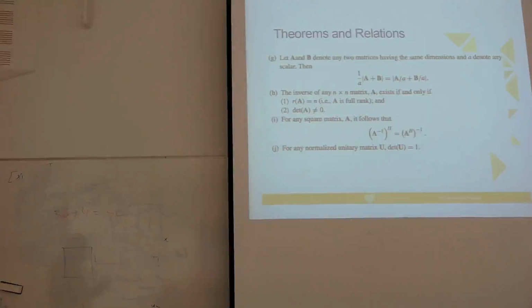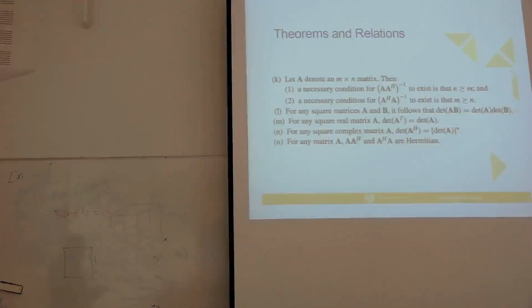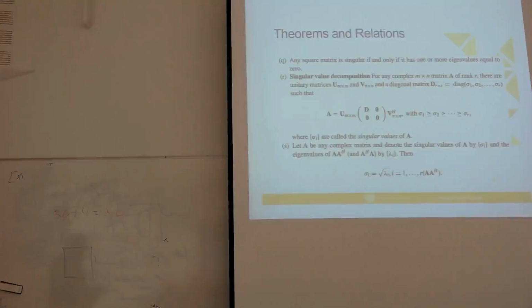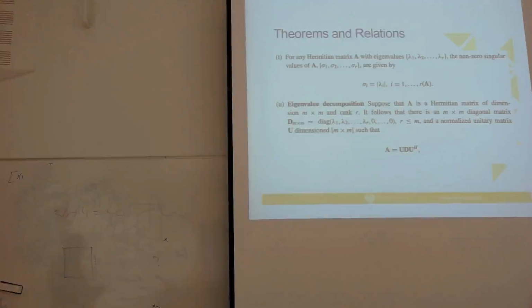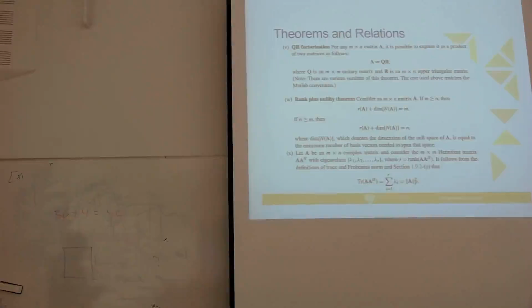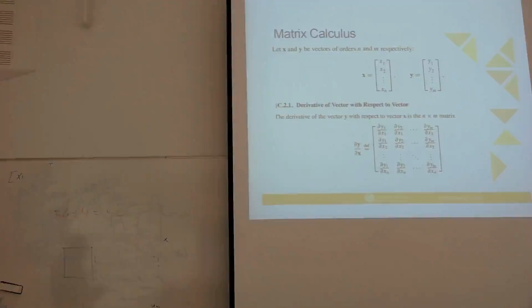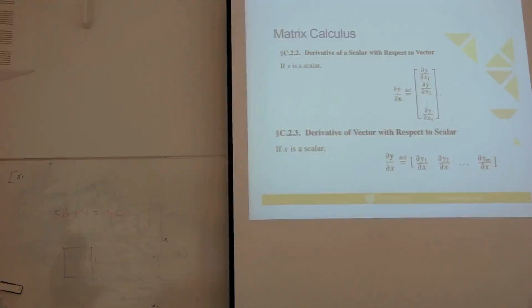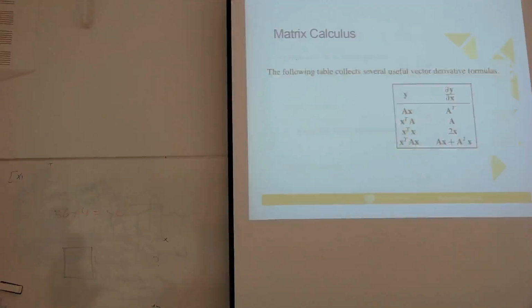So some theorems also, singular value decomposition, or eigenvalue decomposition, will be used, especially when we talk about support vector machines, or how to clean data. When we show how to clean data, we will use a lot of those concepts given here.